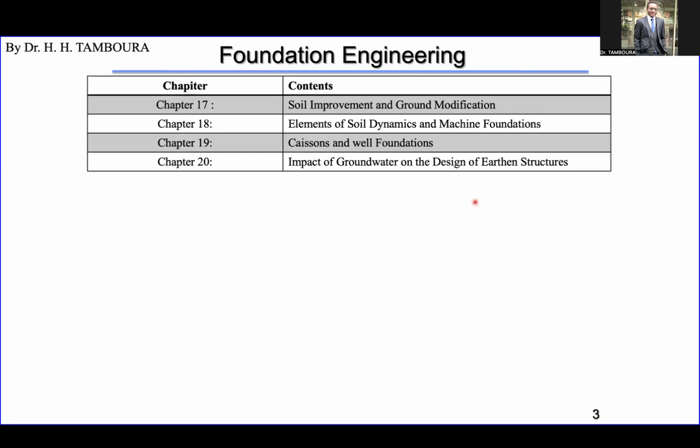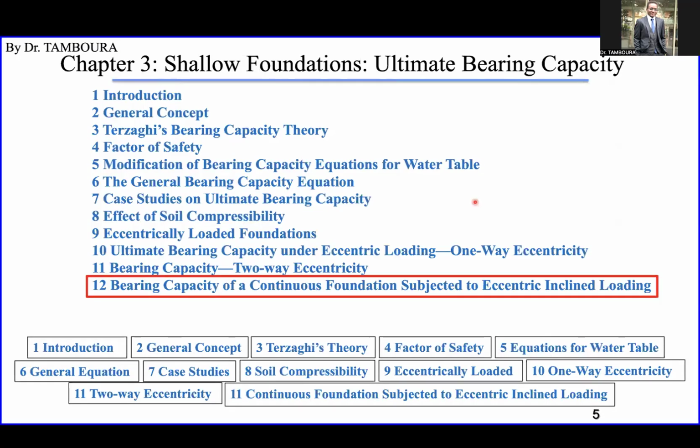Today, we are going to talk about this last part of this chapter, bearing capacity of continuous foundation subjected to the eccentric and inclined load. So it means there are two difficulties. The load is inclined and it's also eccentric.